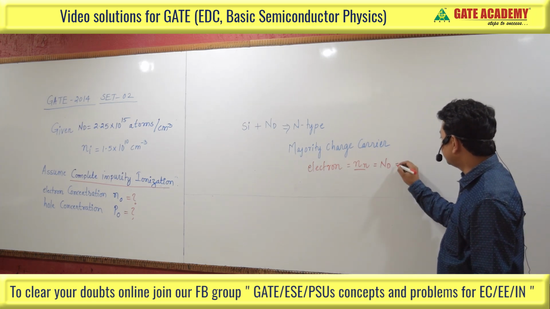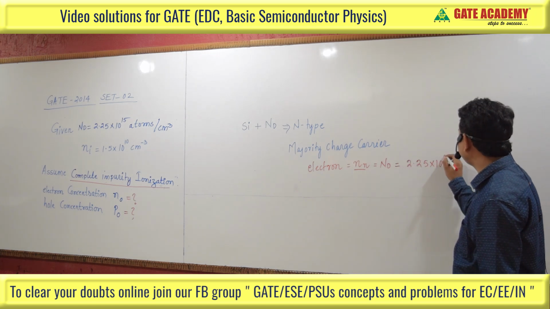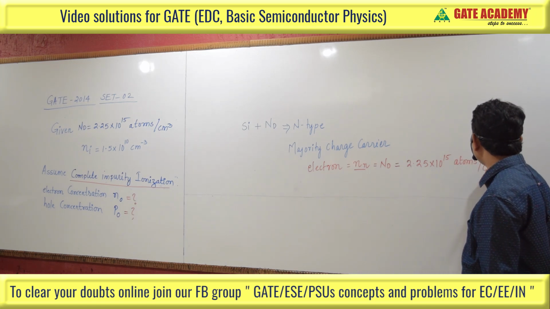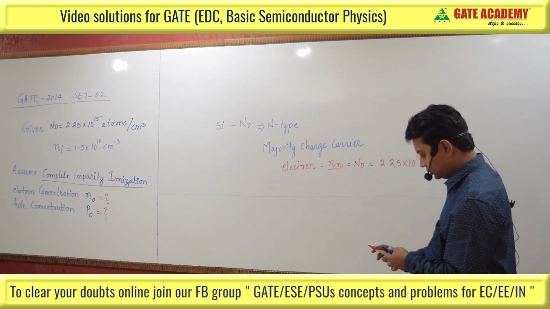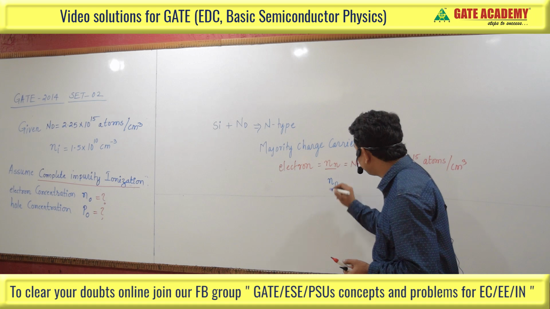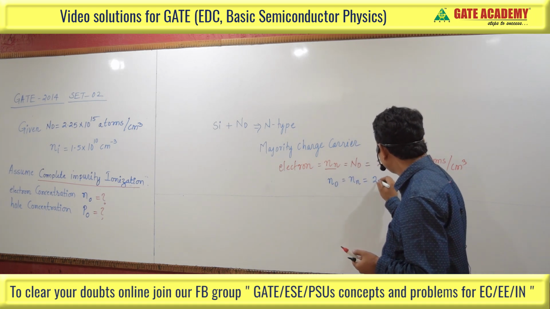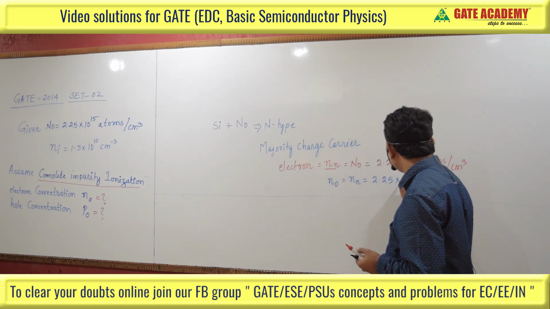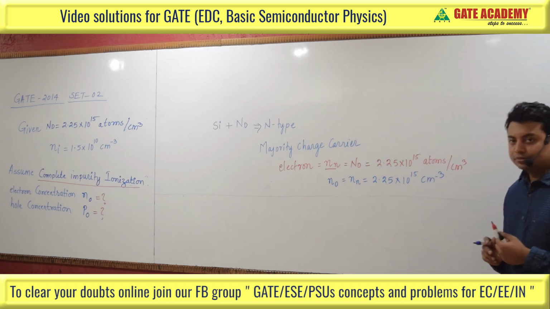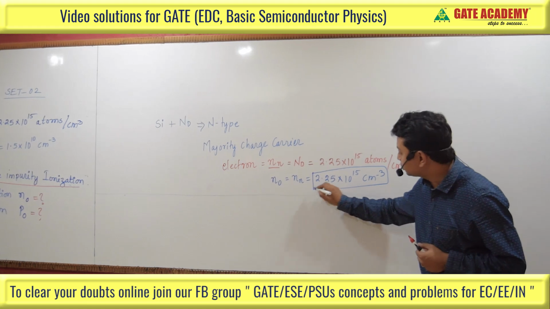It is given here as 2.25 × 10^15 atoms per centimeter cube, so the number of electrons, n in the N-type semiconductor, is equal to 2.25 × 10^15 per centimeter cube. This is the first answer for this question.